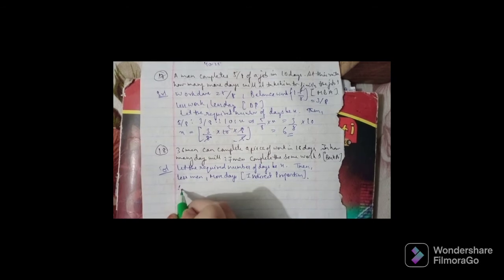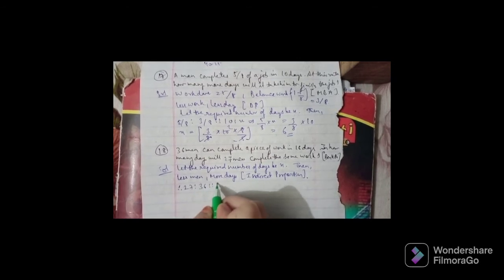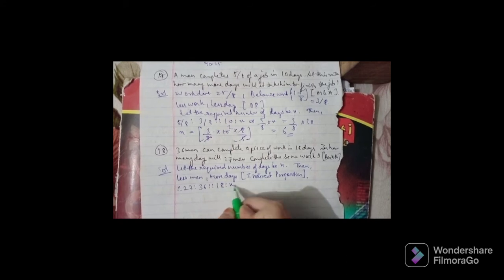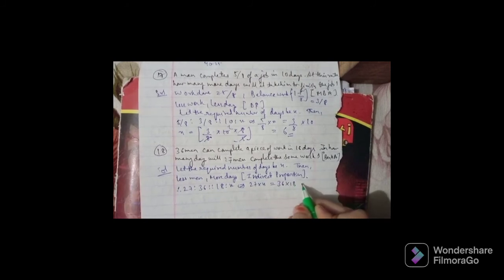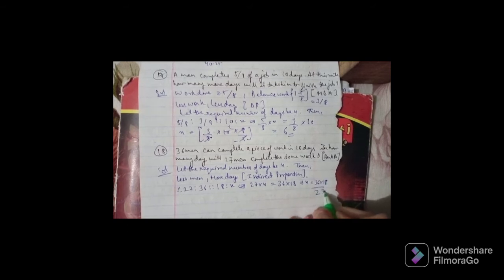Which has been 27 ratio 36, 18 ratio x. Further it will be 27 into x equals 36 into 18. It will give you x equals 36 into 18 upon 27.